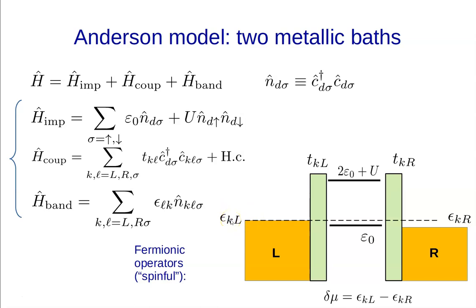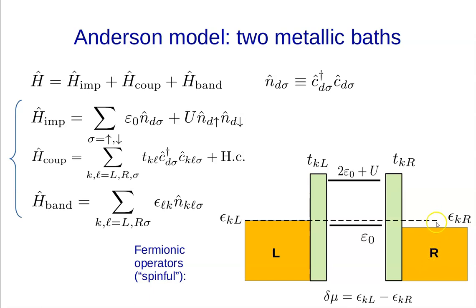Now, the important thing here is that I'm going to allow for these chemical potentials to be slightly different from left to right. Very small difference, but I'm going to assume that, say, the chemical potential for the left electrons is a little bit higher than the chemical potential for the right electrons.